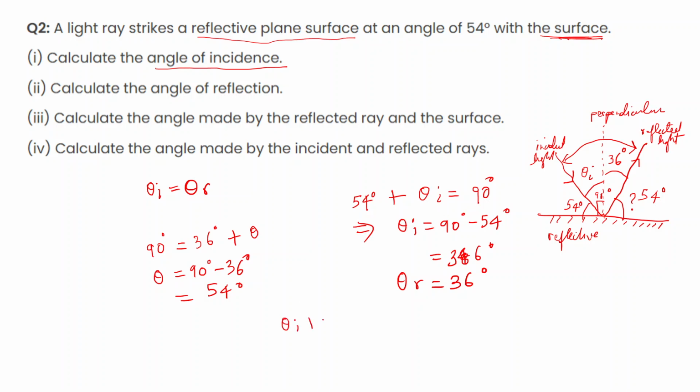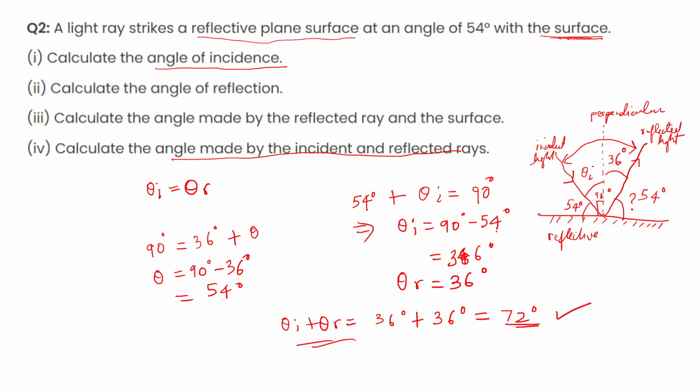Theta i plus theta r is the required angle between incident and reflected. Theta i is 36 degree, theta r is 36 degree as well, so total will be 72 degrees. So this is our answer.